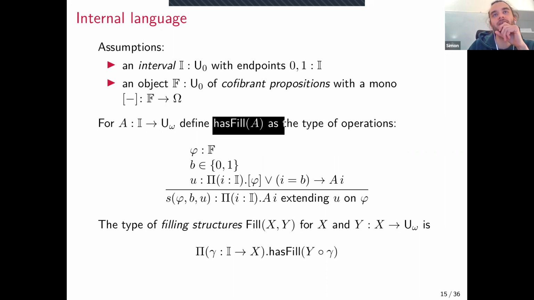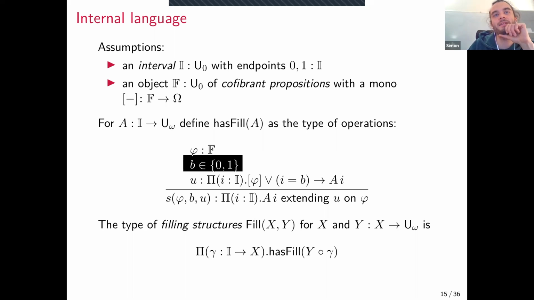This type has fill as follows. It is the type of operations which take a phi in F, and a b which is 0 or 1, and also a partial element. Now A is a type, so given an element in the interval, it gives me something in A of i, but only on a certain part.